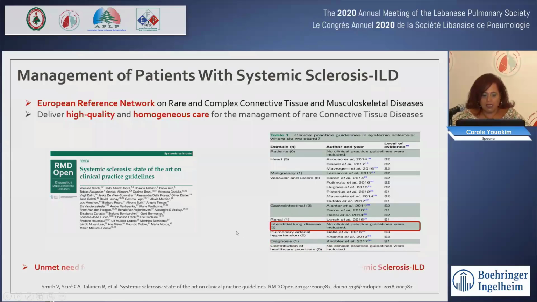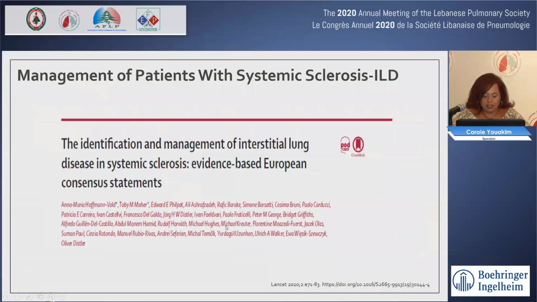So it was clear that there was an unmet need for specific clinical practice guidelines for the diagnosis and treatment of systemic sclerosis, ILD. This is not the case anymore, with the evidence-based European consensus statement for the management of patients with systemic sclerosis, ILD, published early this year, and I will come back to this later.